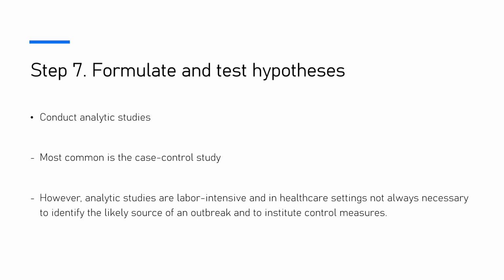Step 7, sorry, you need to formulate and test a hypothesis. So you should conduct analytic studies. The most common type of study will be case control for less bias. However, analytic studies are labor intensive and in healthcare settings not always necessary to identify the likely source of an outbreak and to institute control measures.